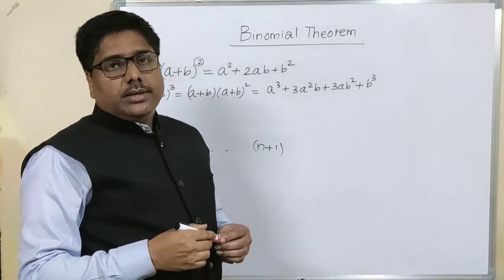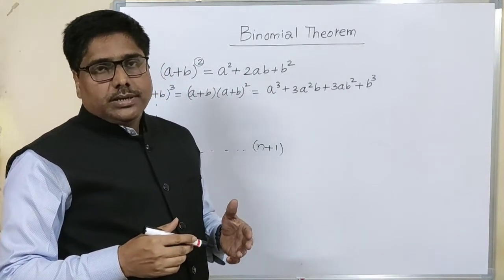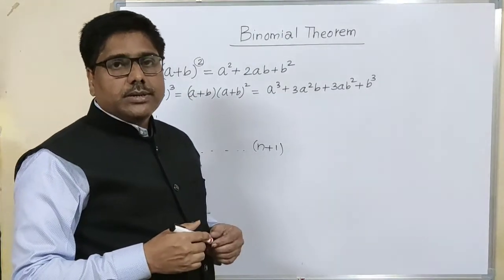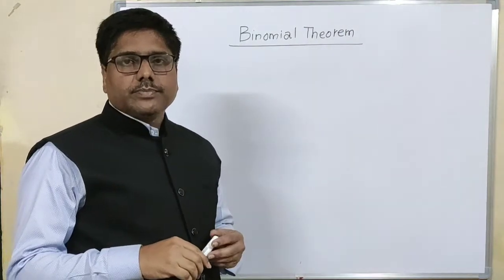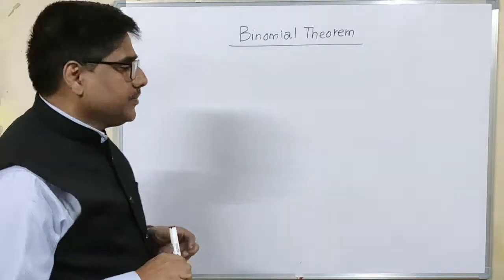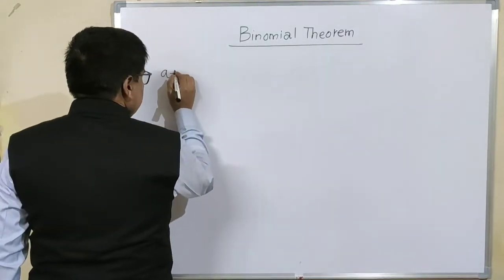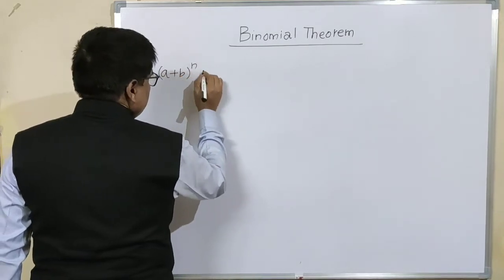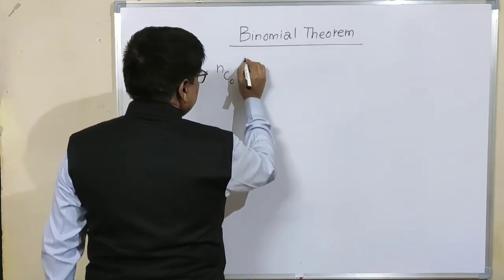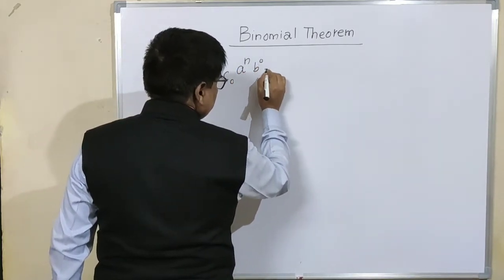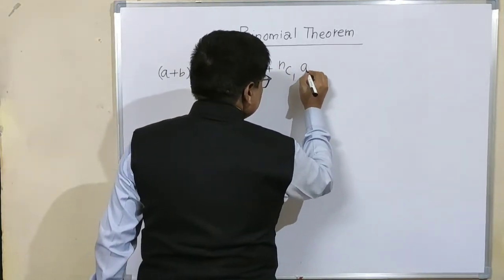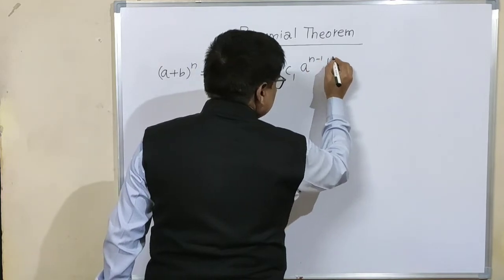Therefore, Newton has given us a very nice formula, which is called the binomial theorem. Now let us see what that theorem is. For the expansion of (a plus b) raised to n, the binomial theorem can be written as: (a plus b) raised to n is equal to nC0 a raised to n b raised to 0, plus nC1 a raised to n minus 1 b raised to 1.